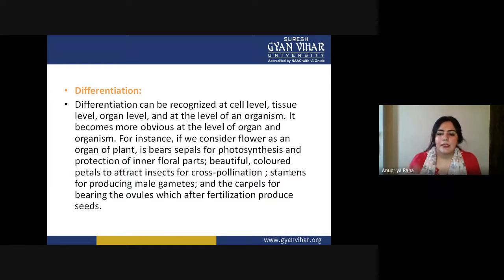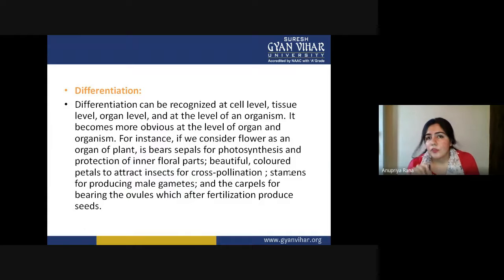Basically, they are telling you about the parts of a flower. At the time of tissue formation and cell formation, we cannot see their differentiation because they are present on the inner side of the body.